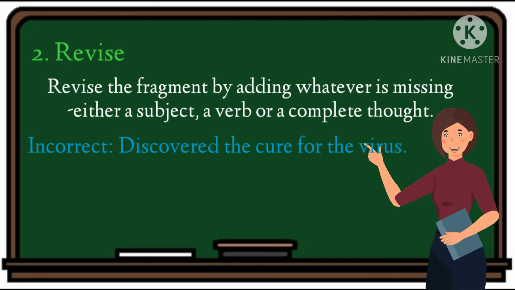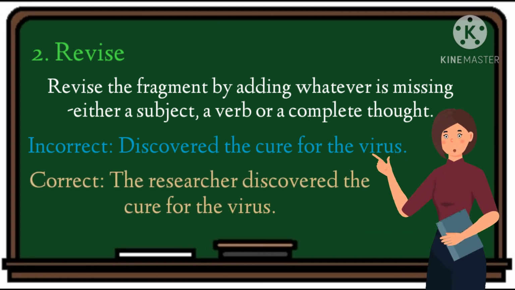So who discovered the cure? So to make this fragment into a complete sentence, we must revise the fragment by adding what is missing, and that is the subject. Therefore, the correct sentence would be, "The researchers discovered the cure for the virus."